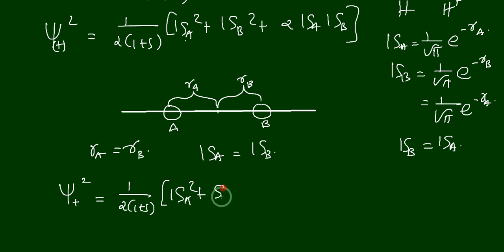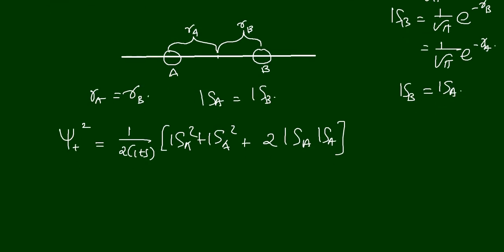Therefore, we can write it like 1s A square plus 2 into 1s A, right? Because instead of 1s B, I wrote 1s A.